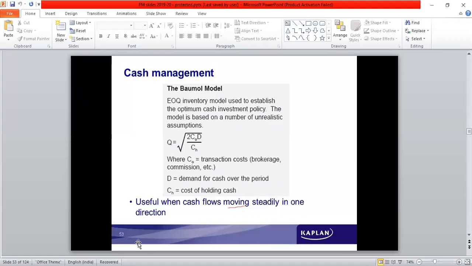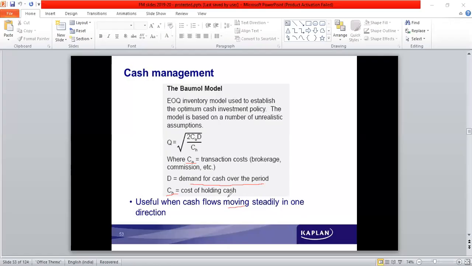So, CO is the transaction cost. CH is the cost of holding the inventory, or cost of holding the cash here in cash management. D is the demand for cash over the period. So annually how much cash is needed.